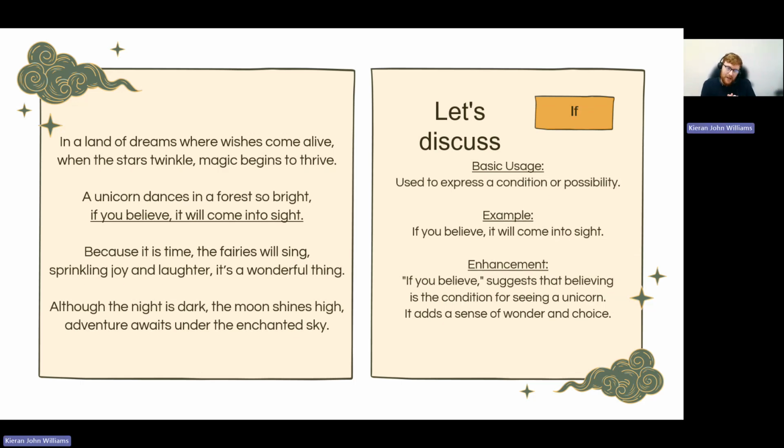So we've got an example of if here. So if you believe, it will come into sight. So this is used to express a condition or something that is possible. So if you believe suggests that you can believe or you can't believe, it's your choice. Okay. So if you do that thing, then you will see it. It will come into sight. Okay.